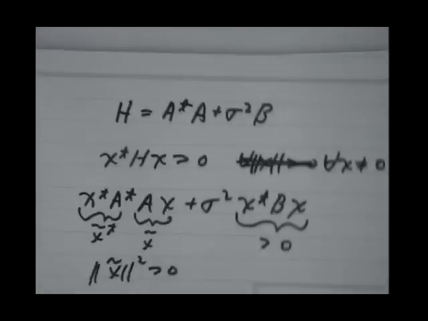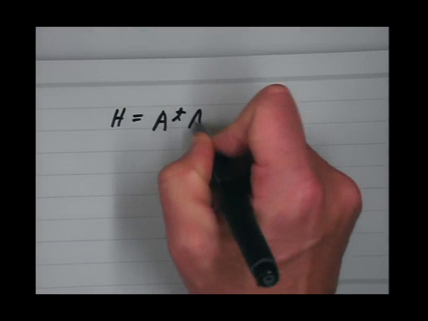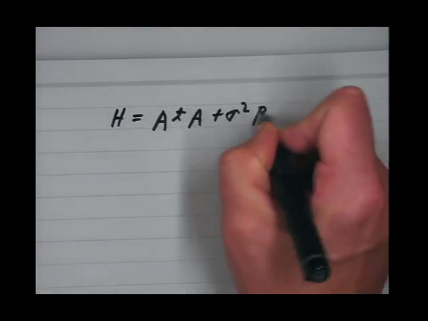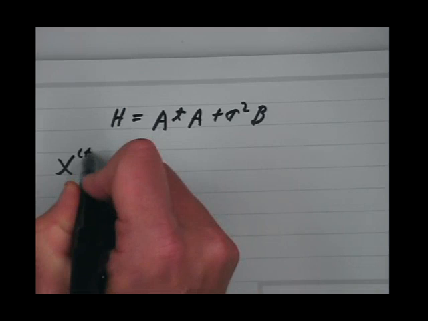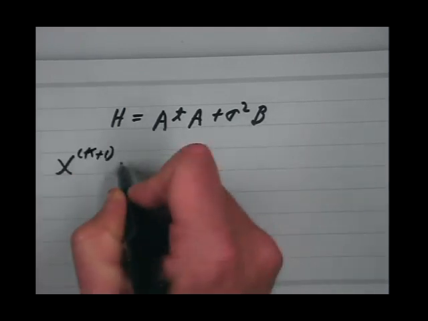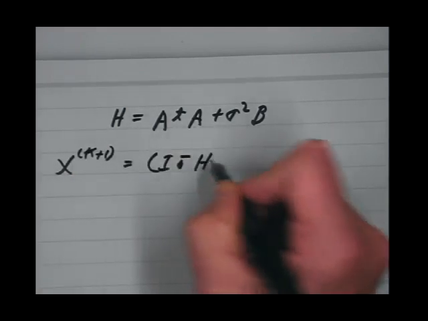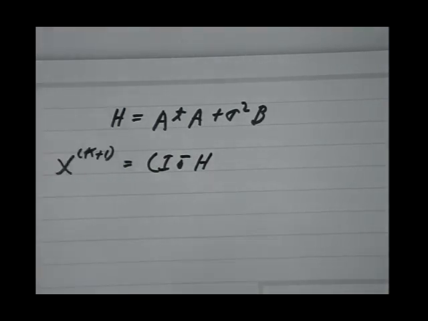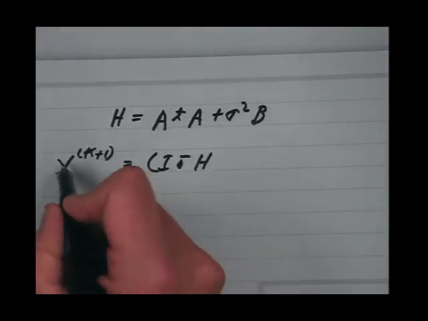I think probably this should be review, but okay, so you have H equal to A transpose A plus sigma squared B, right? So the equation then is that x_{k+1} is equal to I minus... I wrote that incorrectly.